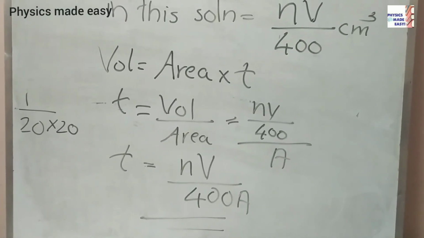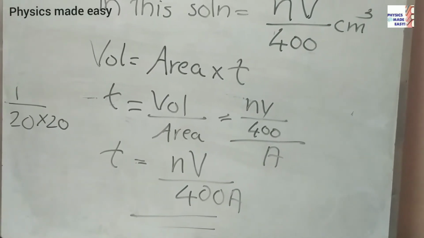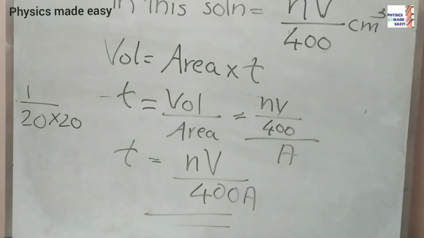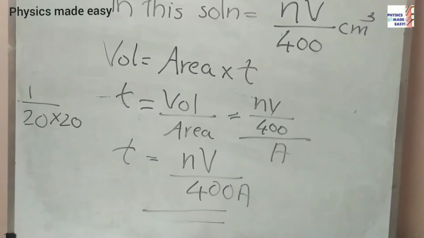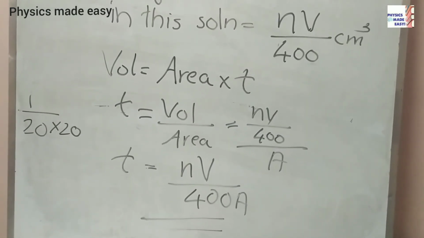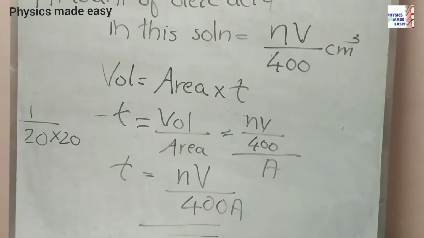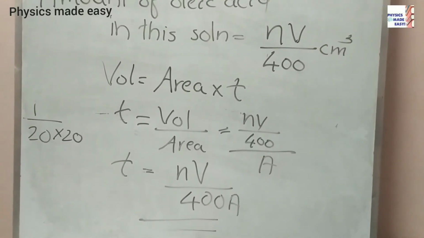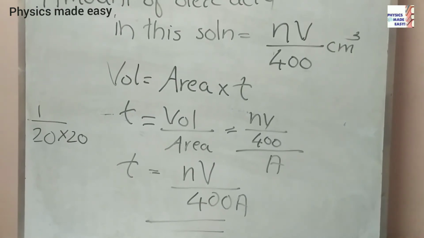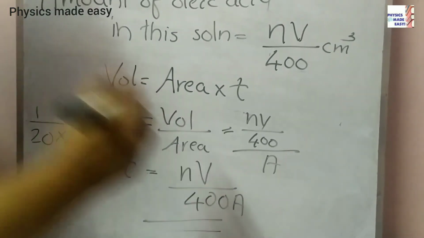Okay children, if you are pouring that drop on the surface of water, what will happen? Alcohol will evaporate. So that film will be formed, and you can take the diameter of that for getting the area. Then by the equation volume equals area into thickness, we get thickness equal to nV/(400A) cm. Its unit is centimeter.